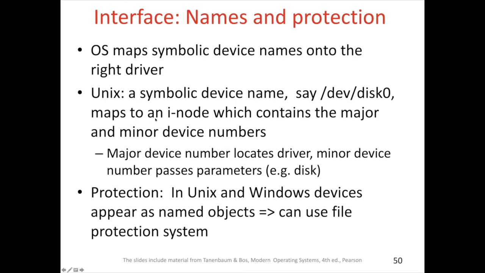This maps to an inode which contains the major and minor device numbers. The major device number locates the driver and the minor device number passes parameters, for example, disk. For protection, in Unix and Windows, devices appear as named objects. Then they can use the file protection system.